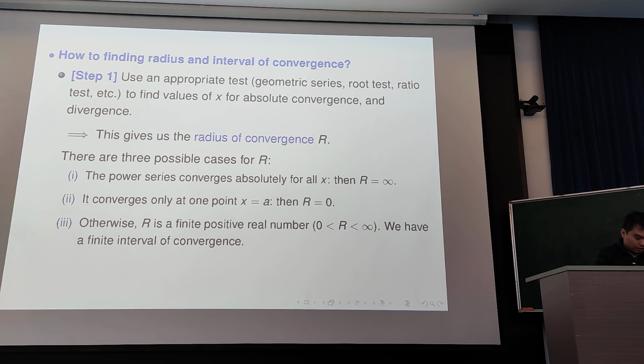Then there may be one of the three cases. If you find the radius of convergence which is infinity, then we conclude that the power series converges absolutely for all x.